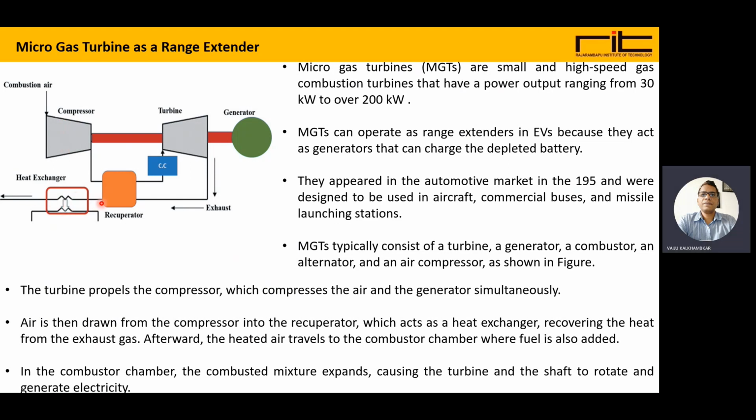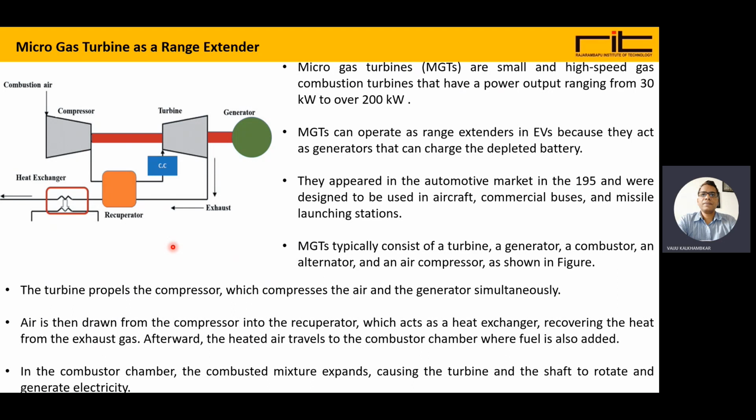Also, it has a heat exchanger, the recuperator, so that some heat can be reused and given to the combustion chamber. The turbine propels the compressor, which compresses the air, and the generator simultaneously.